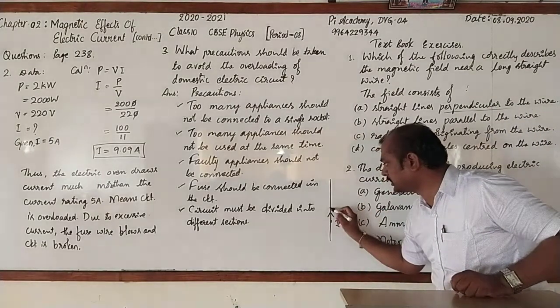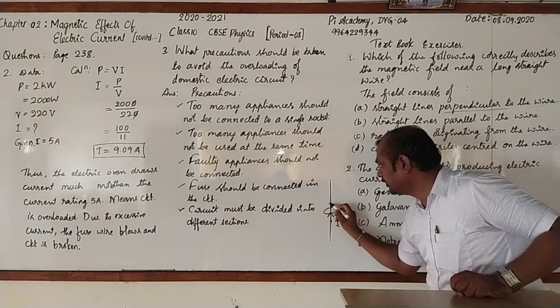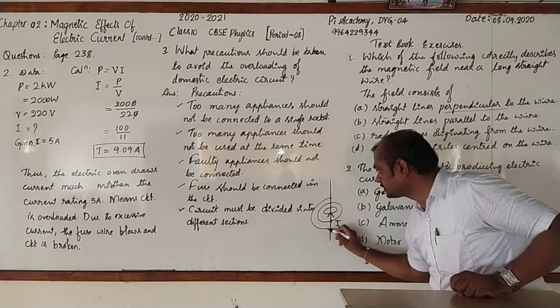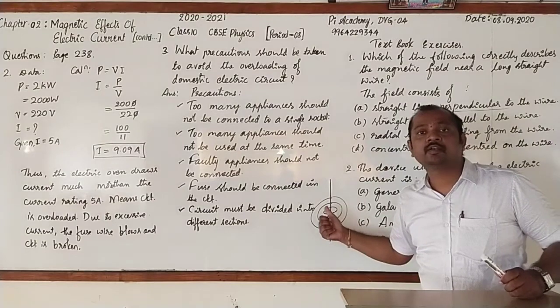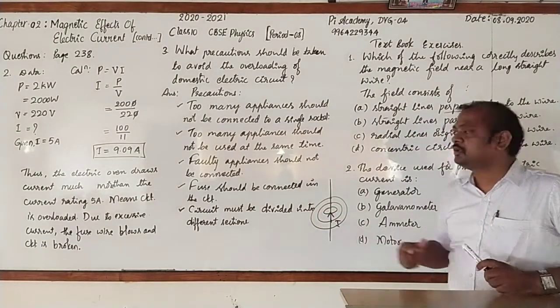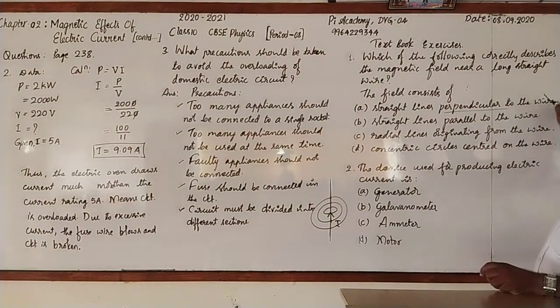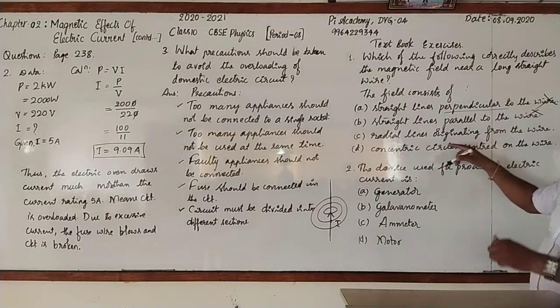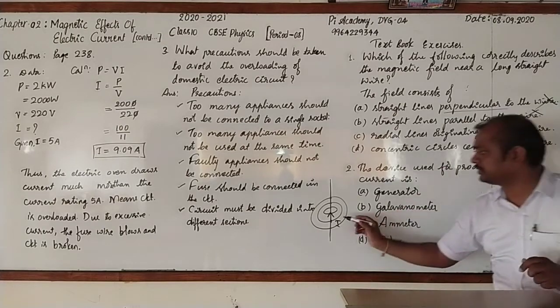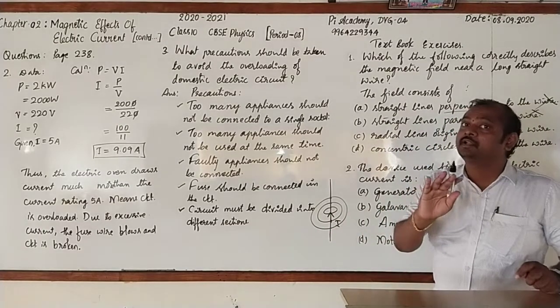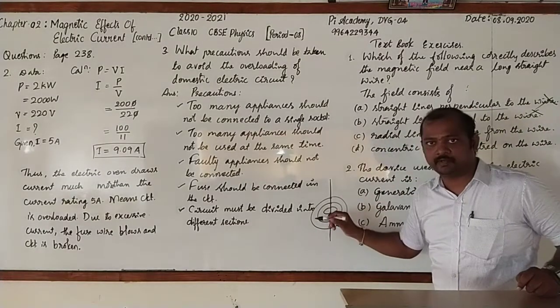If your recalling is proper, then it will be like this. See, this is the straight conductor carrying current, and the magnetic field is represented with a set of lines, and these are concentric circles. So they are not parallel, they are not perpendicular. Then radial lines originating from the wire: of course, radial lines are there, but they do not originate from the wire.